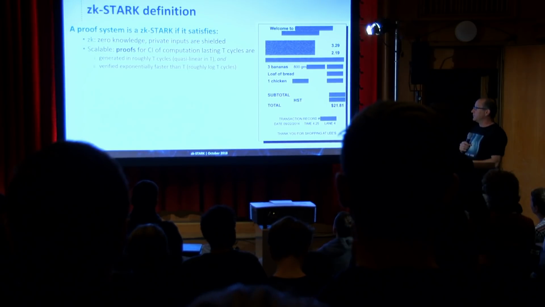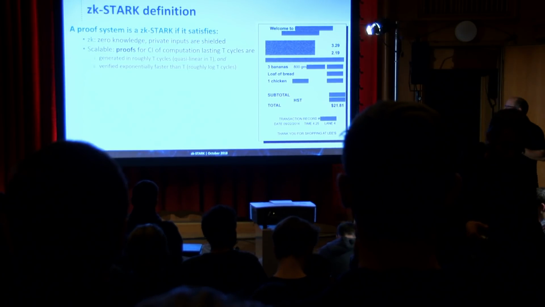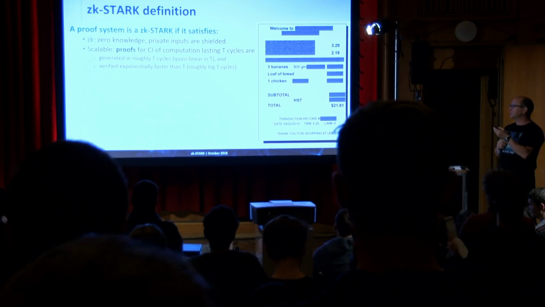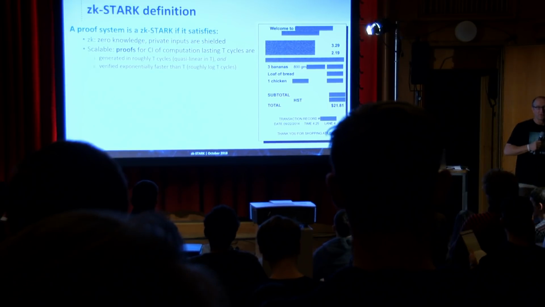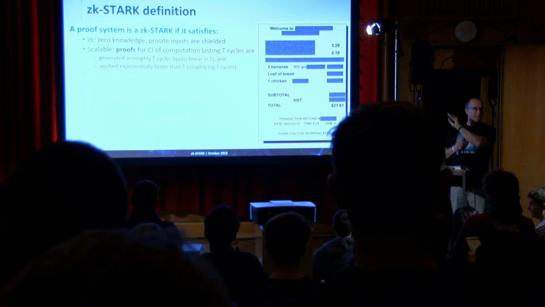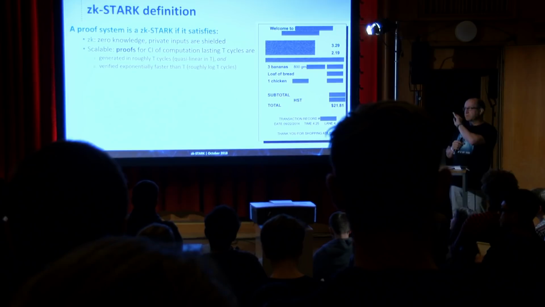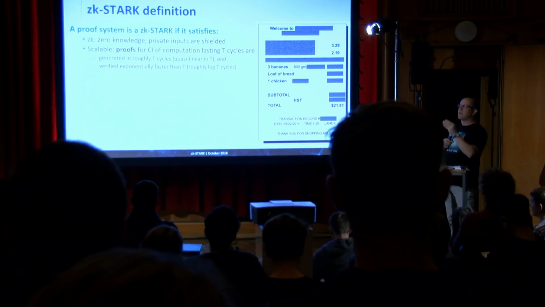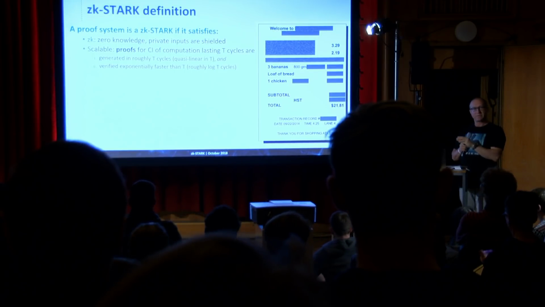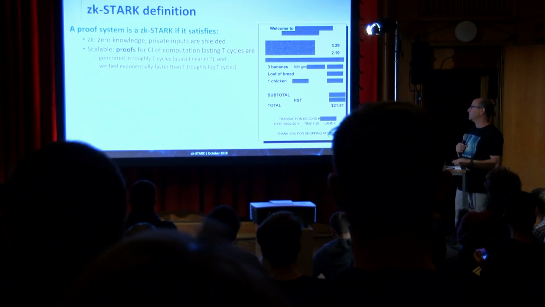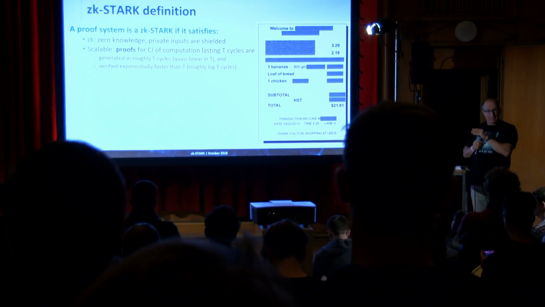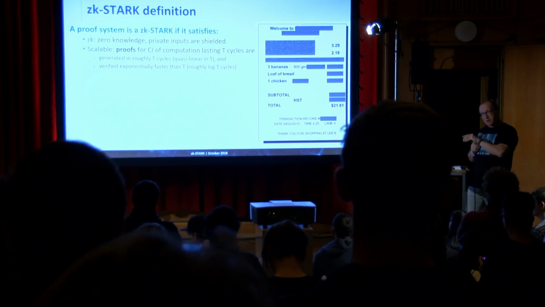It has to be scalable, as we previously spoke, meaning that generating a proof takes roughly t cycles for a t cycle computation, and verifying the proof is exponentially faster with no extra assumptions, okay? No setups, no parameters generated, no pre-processing. Just when you see the computation for the very first time, this is what needs to be done in order to verify it. And this is an aspect that makes scalability in Starks very unique, but also very powerful for blockchain applications.